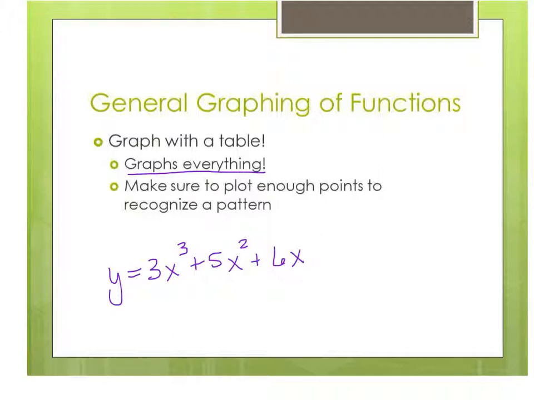But if I gave you that and said graph it, and you're looking at it and you're like, I have no idea what that graphs. Make a table. A table graphs anything and everything because you have input values and you have an output value. And if you get those organized in your table, you plot them, you know what you're graphing.